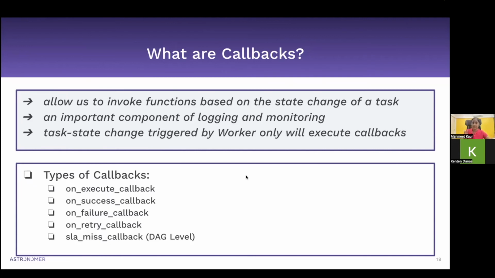If I miss that SLA, then if I have defined SLA miss callback in my DAG, it is going to trigger that method, and maybe I send a PagerDuty alert saying, okay, this particular DAG has missed its SLA, so maybe it's something to look into so that reporting won't be affected, and so on. So it all depends on your usability, on how you want to configure it.